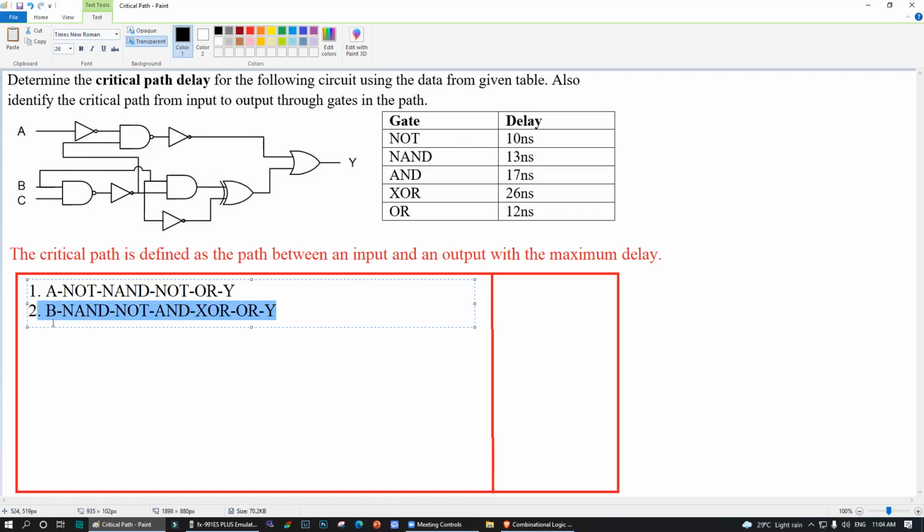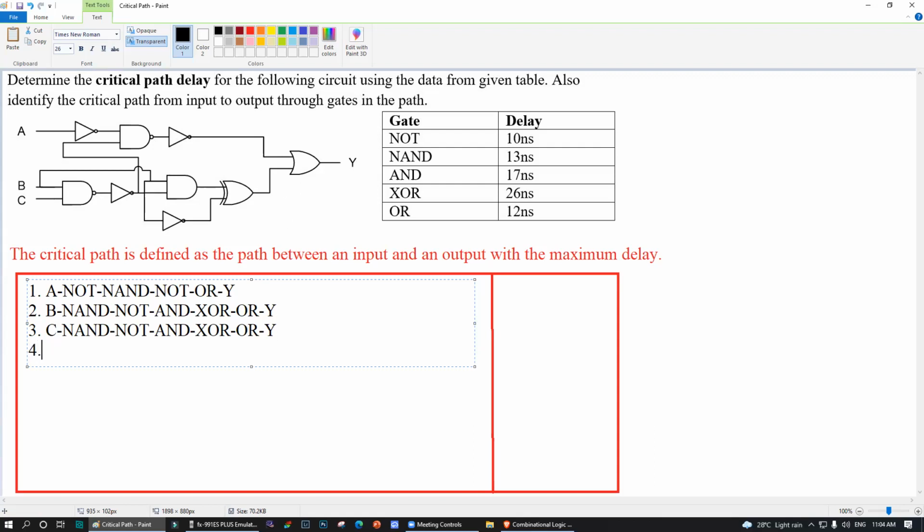This is your path number 2. Now come to path number 3. C, NAND, NOT, AND, XOR, then OR, right?